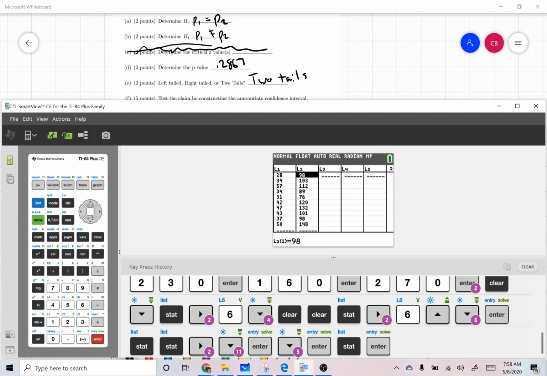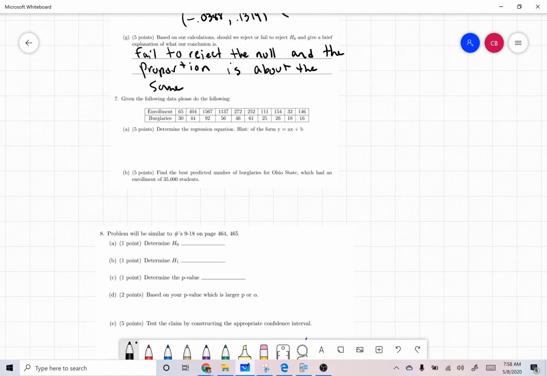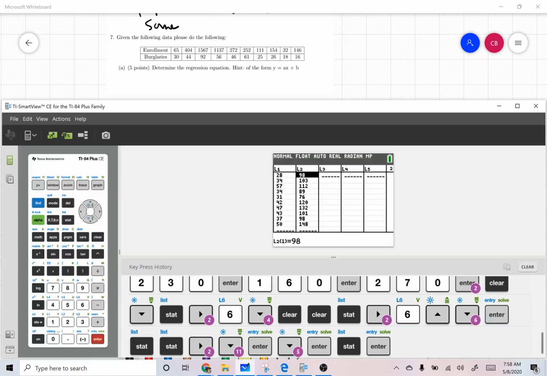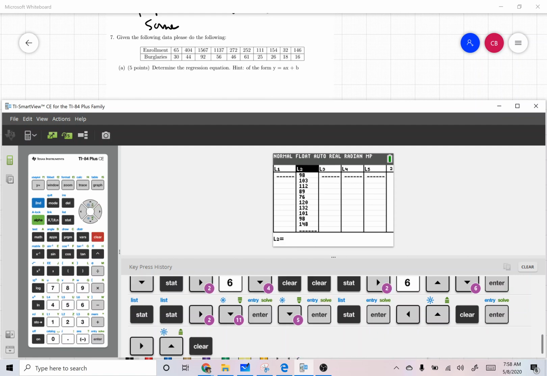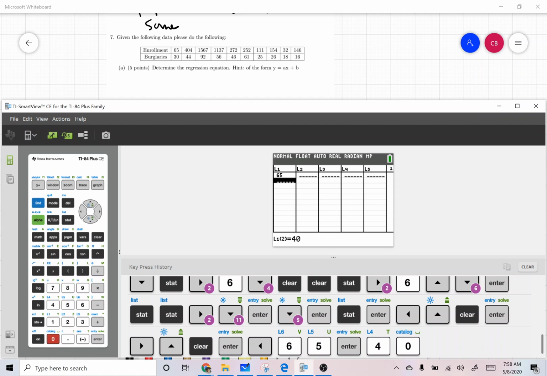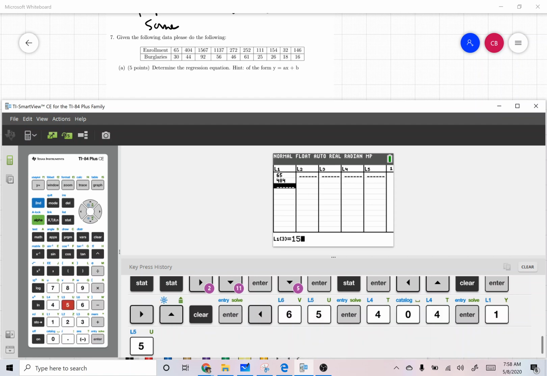Stat, edit. Clear both of these. 65, 404, 1567.